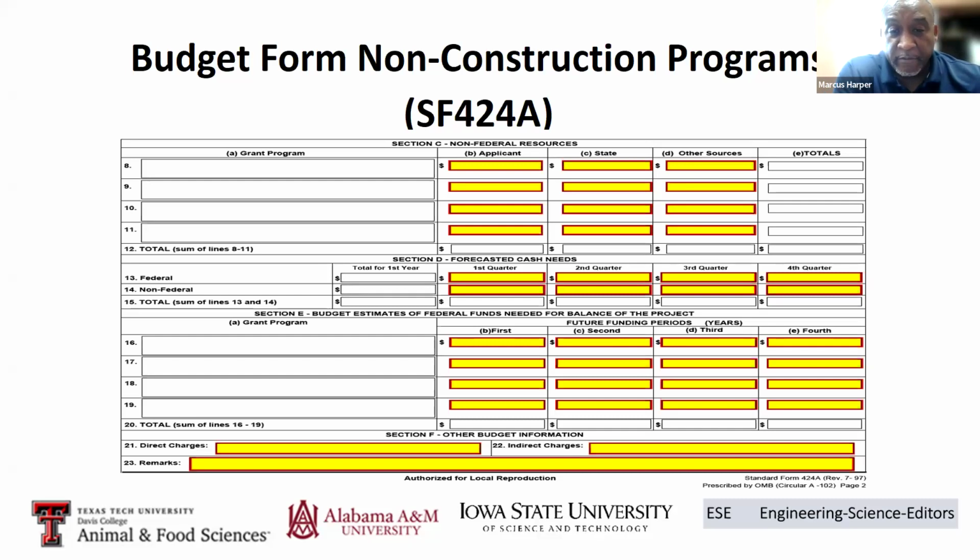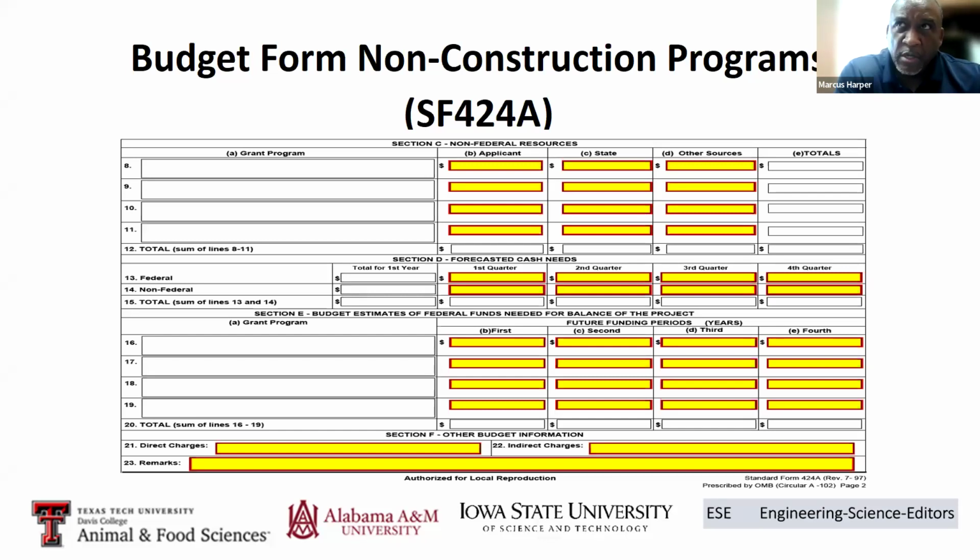Now, section F. Section F is dealing with your total cost, your total direct charges and your total indirect charges. That's just breaking it down. You would input that information there too. And remarks are for anything that you feel you need to explain. For example, sometimes what your OSP would want to put there would be the method of how we calculate indirect costs.